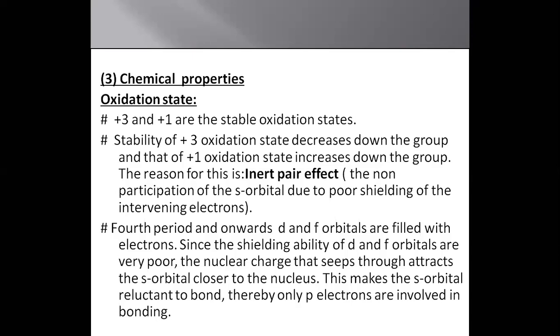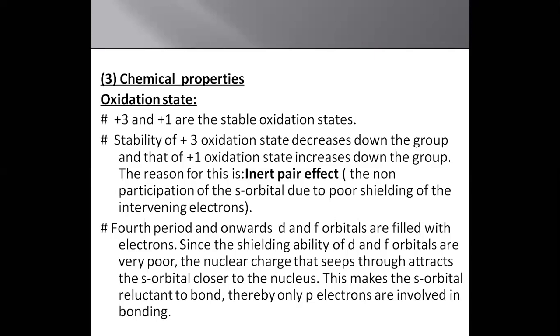From the fourth period onwards, you have D and F electrons participating, and their shielding ability is very poor. That is the reason the s electron is more attracted towards the nucleus. As s electrons are more attracted towards the nucleus, they are very difficult to remove, and they cannot be utilized for bonding.